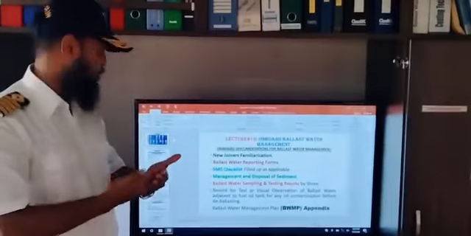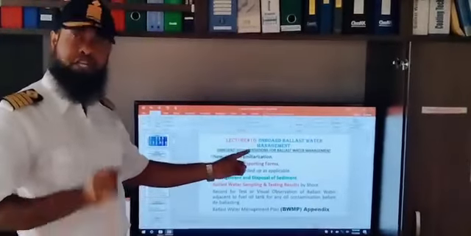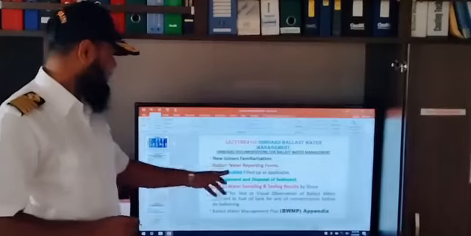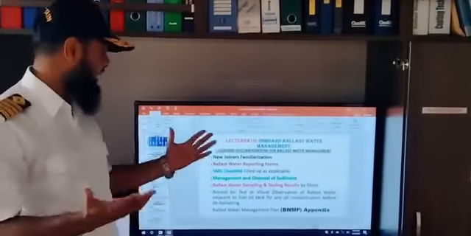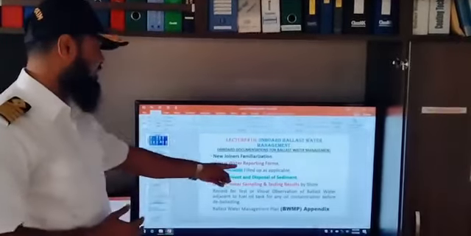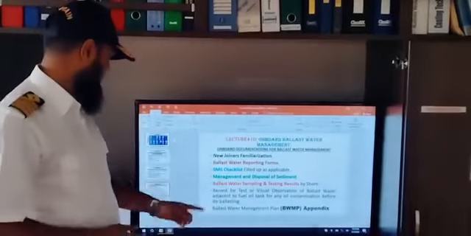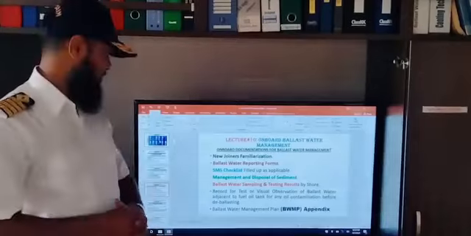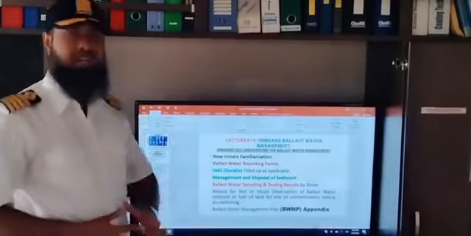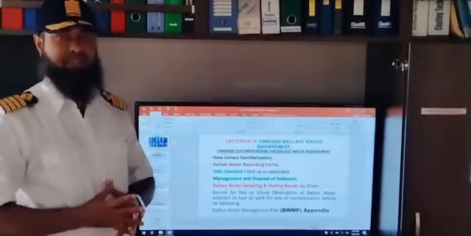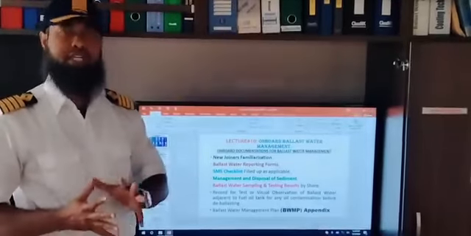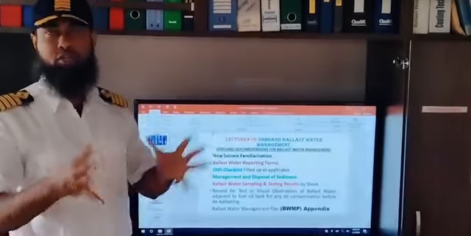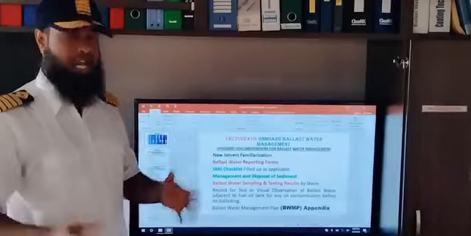That record should be on board the ship. Ballast water reporting forms, SMS checklist filled up as applicable, management and disposal of sediment, ballast water sampling and testing results from shore, and ballast water management plan appendix. These are the certificates and documents which are supposed to be on board the ship, available at all times.